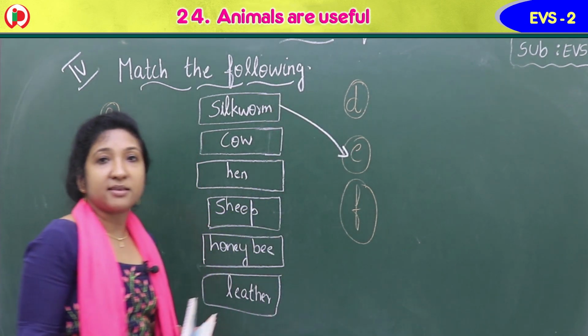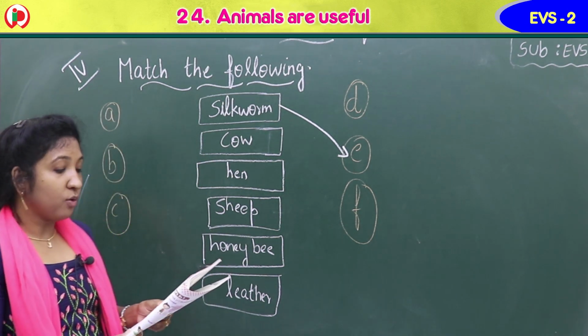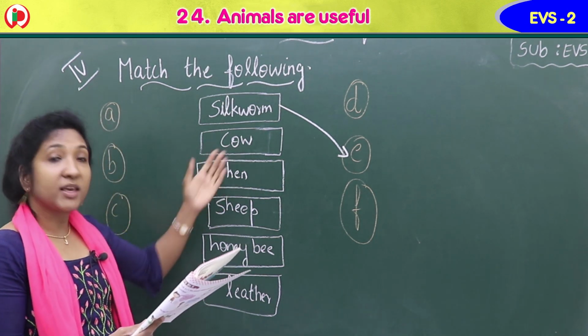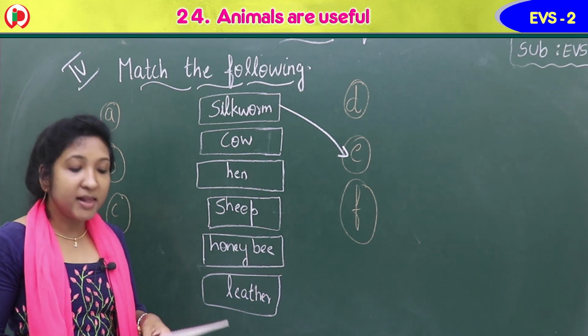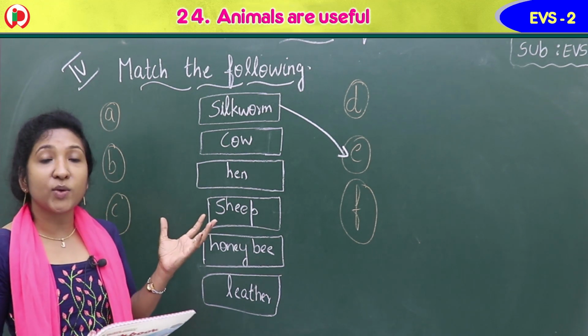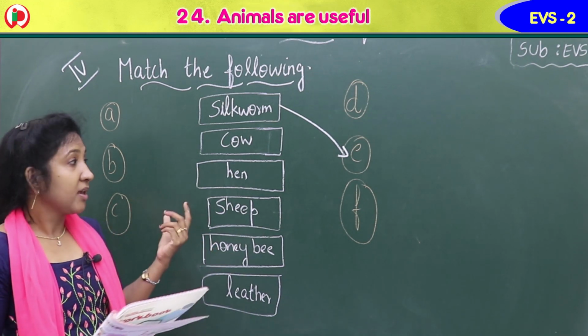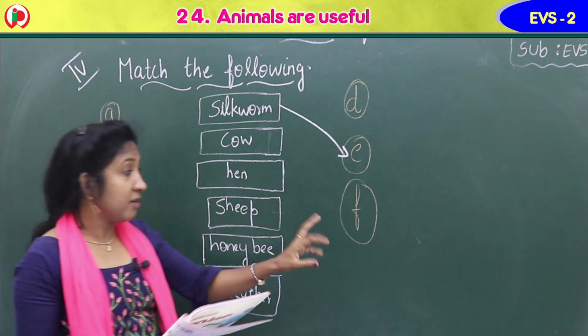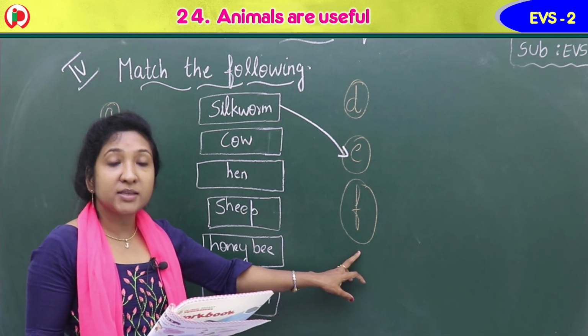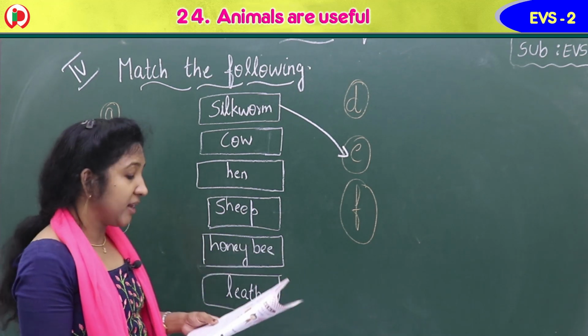Okay? Yes. Now cow. Cow gives us milk. In which letter can you see the milk image? Yes. F. F is the image of milk.